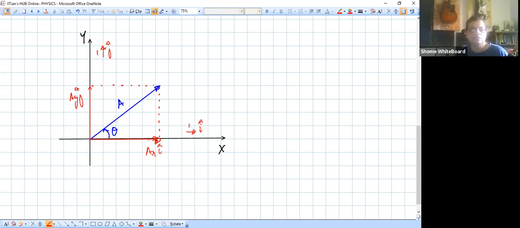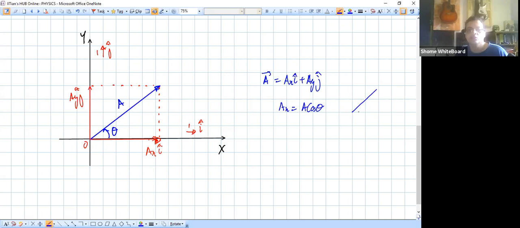So this vector, the one which is along the y-axis, is of magnitude ay and pointing along the y-axis. This is of magnitude ax pointing along the x-axis. So then we express the vector A as the sum of the components: ax i cap plus ay j cap. Now ax just becomes A cos theta. Yes, correct, because here you're just using trigonometry.